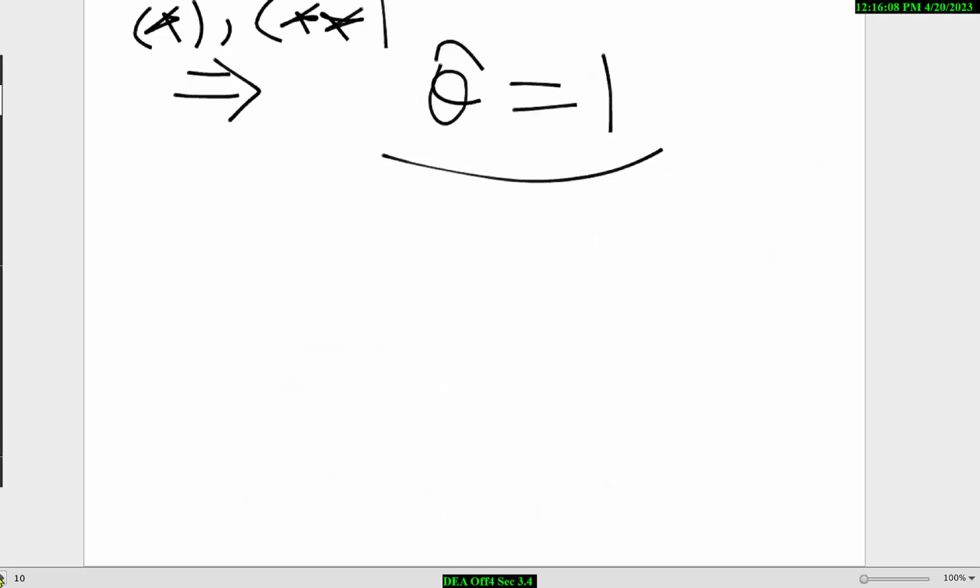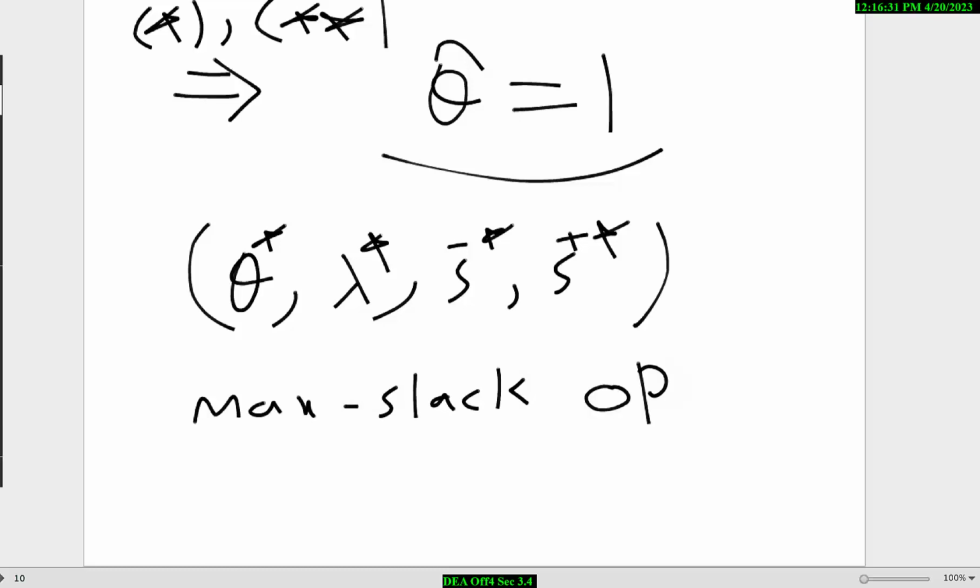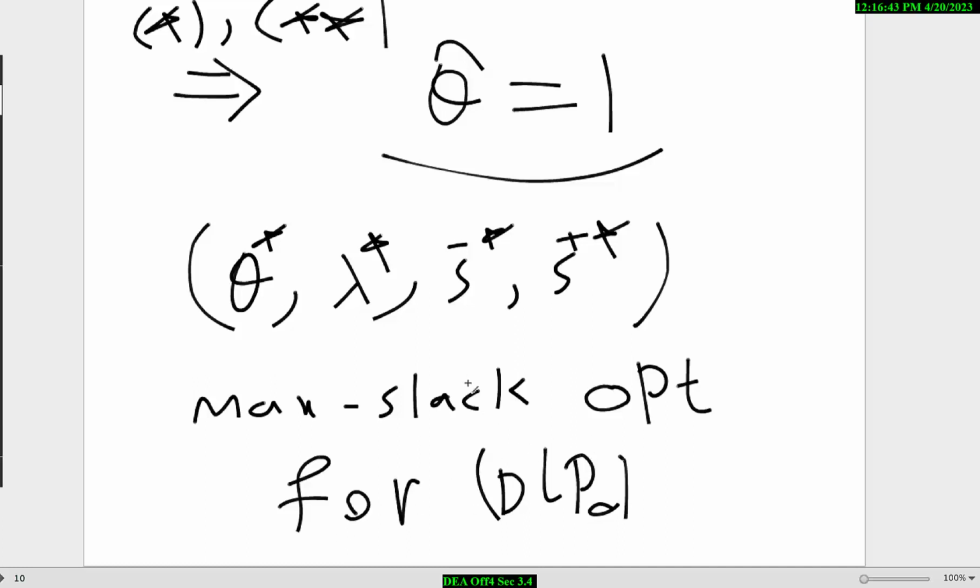But theta star, lambda star, s minus star, s plus star was a max slack optimal solution for DLPO, because we had this assumption to define the projection.